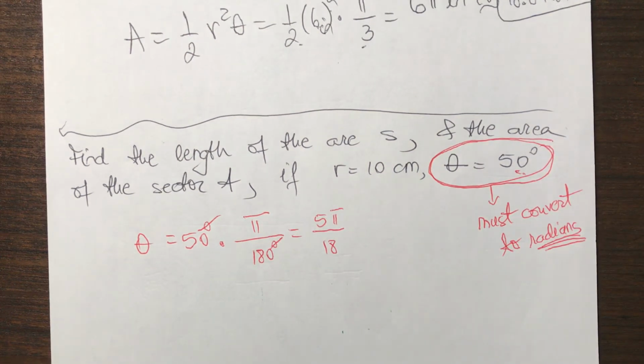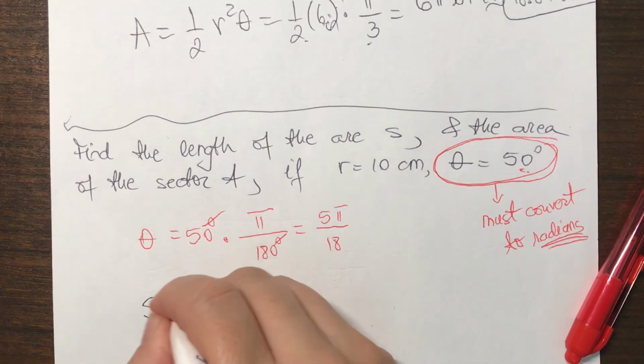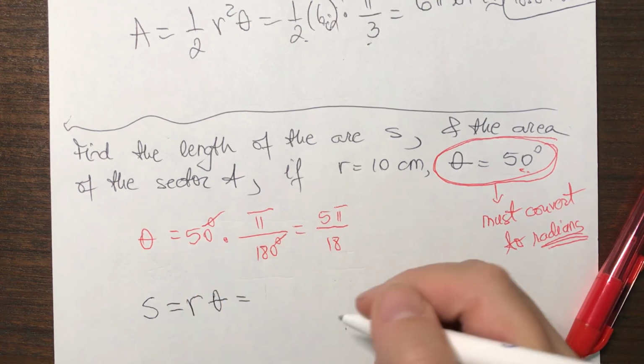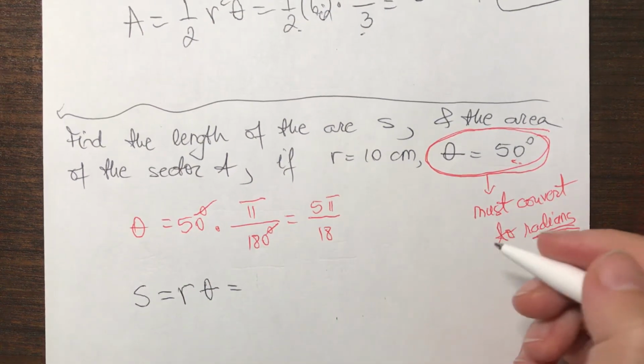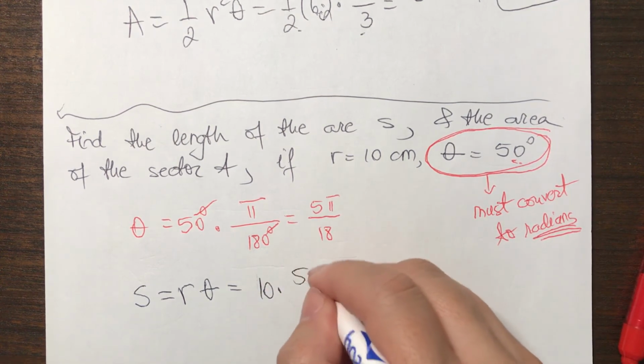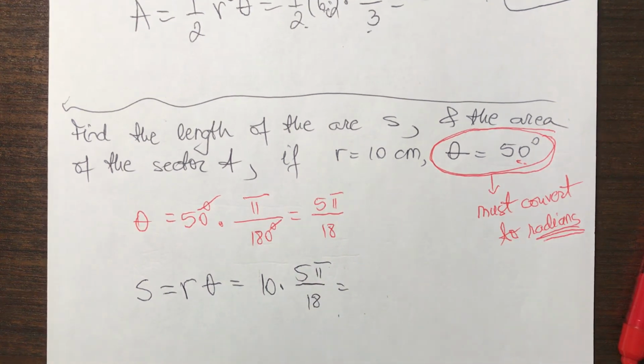We need more formulas. In other words, we need to do something else with it. I can put the whole thing in the calculator at the end. So I wanted S, which is r theta. r is 10. Theta is 5 pi over 18. You can put this in your calculator: 50 times pi divided by 18.